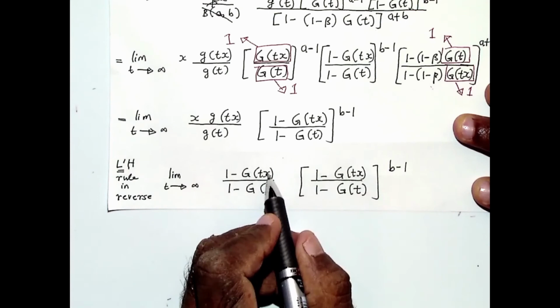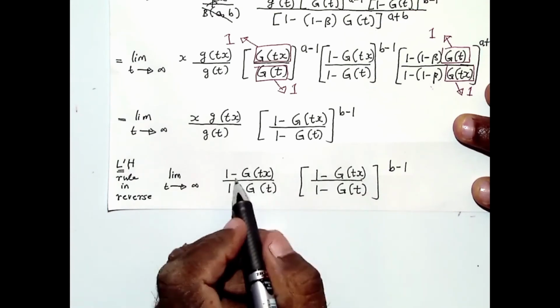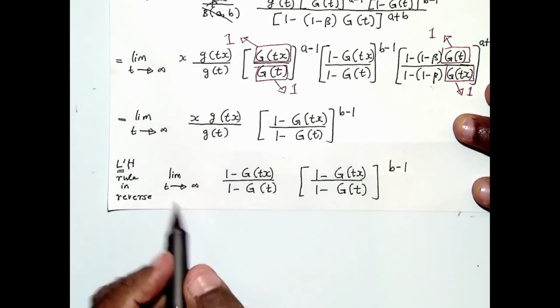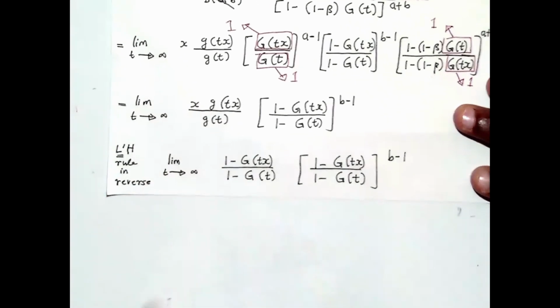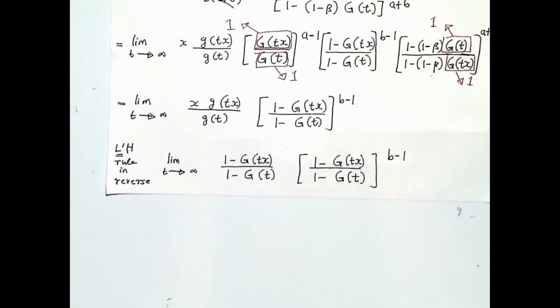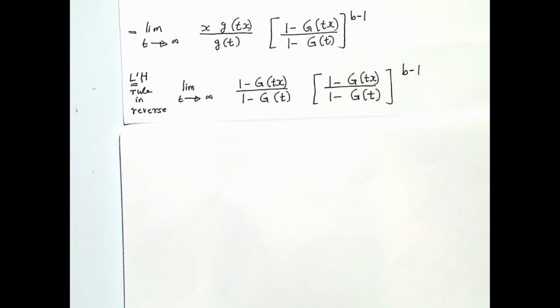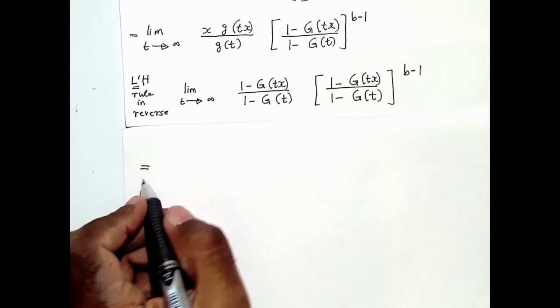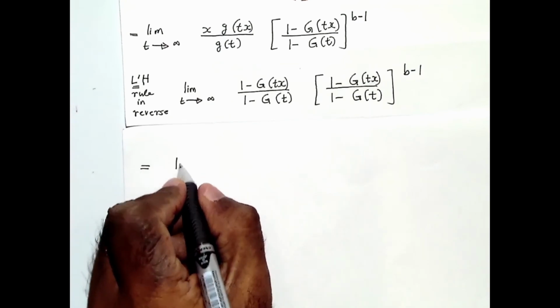So I differentiated this. You should differentiate this with respect to t, this with respect to t. You get precisely what you have here. These two are the same, so you can combine them together. So you get the limit.